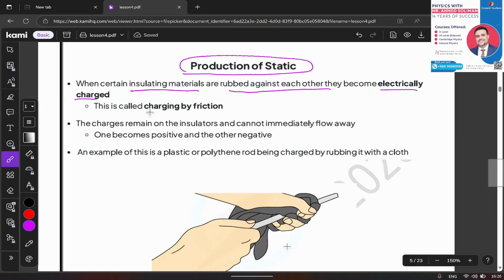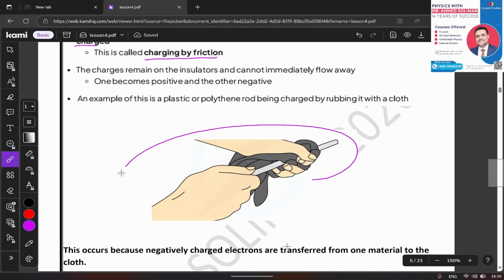This is charging by friction, as you see. The charges remain on the insulator and they cannot immediately flow away. One becomes positive and the other becomes what? Negative. An example of this is a plastic rod and a polythene rod being charged by rubbing with a cloth.